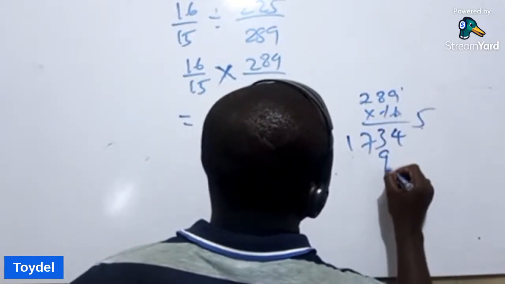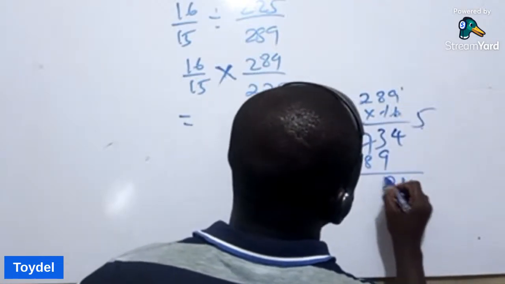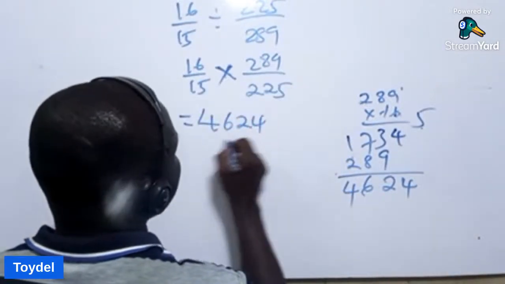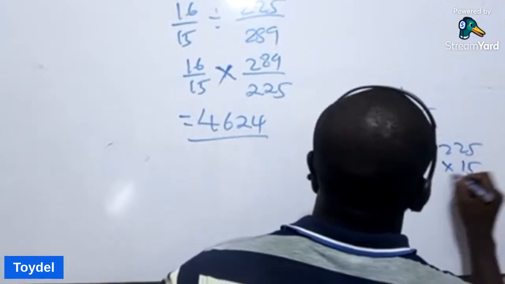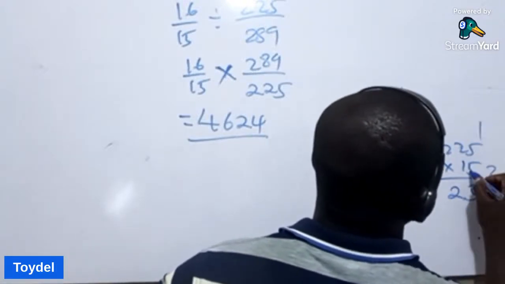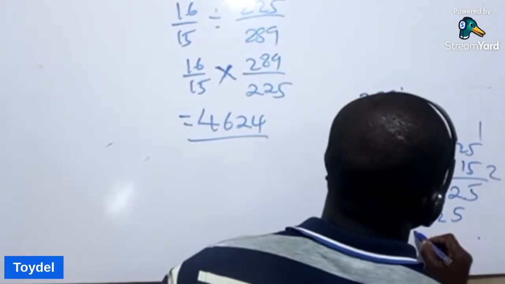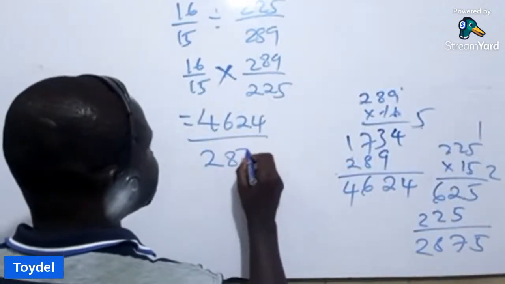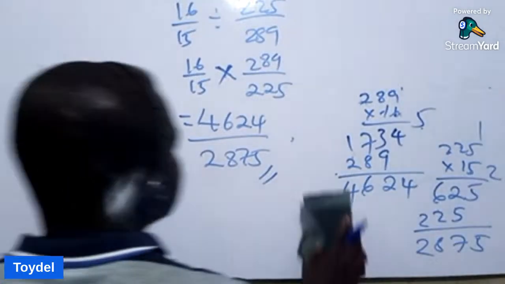So I'm going to have 4, 6, 2, 4 all over 225 multiplied by 15. 5 times 5, 25. 5 times 2, 10, that's 12. So I have 3, 3, 7, 5. And that is what we are going to get as the final answer.